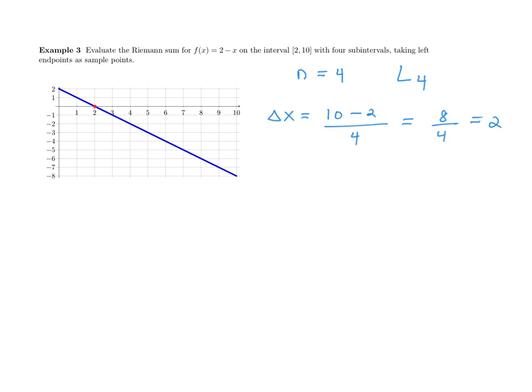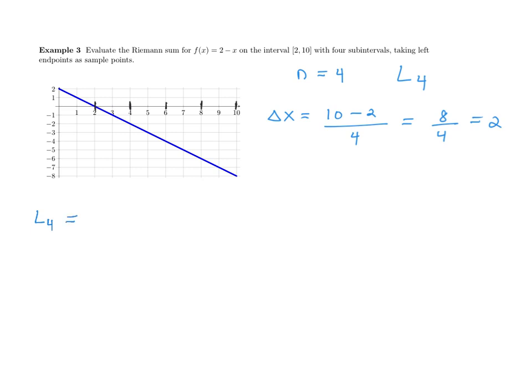If you're starting at 2 and ending at 10, and you want 4 equal rectangles, you're going to go from 2 to 4, from 4 to 6, from 6 to 8, and then 8 to 10. Each subinterval has length 2. Since we're using left endpoints for each interval, we're always going to use the left endpoint to get the height of the rectangle. All right, let's compute L sub 4.